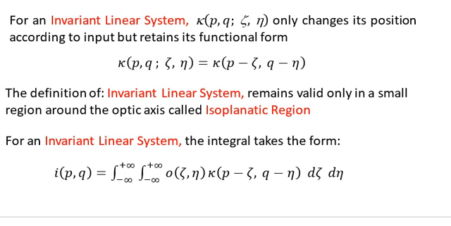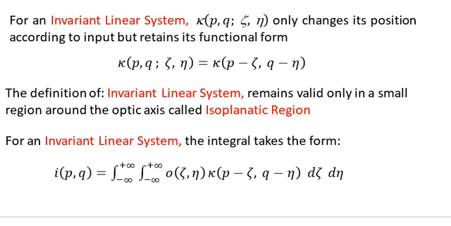The definition of the invariant linear system remains valid only in a small region around the optical axis called the isoplanatic region. So you see that this mathematical definition that we have given for kappa on the left hand side, compared with kappa on the right hand side, works for the invariant linear system.